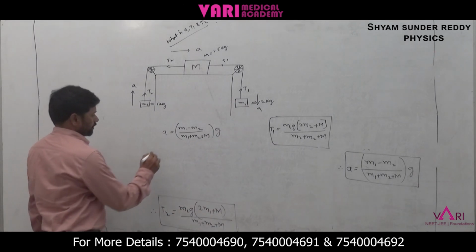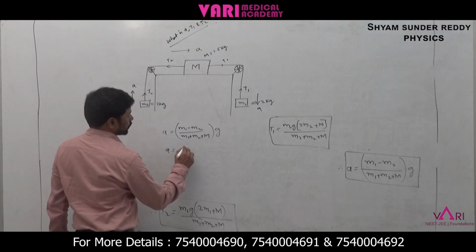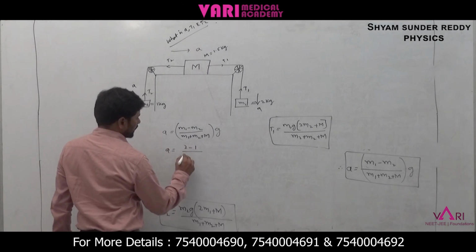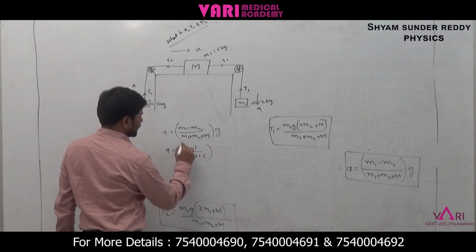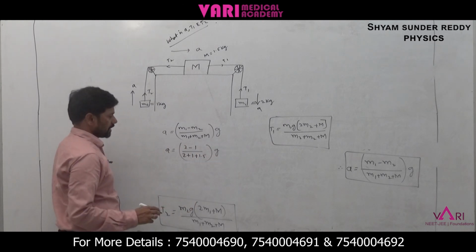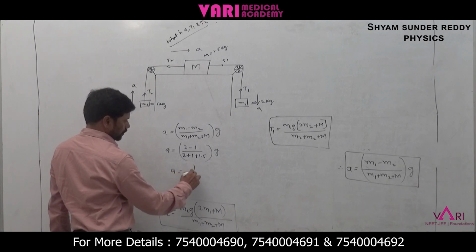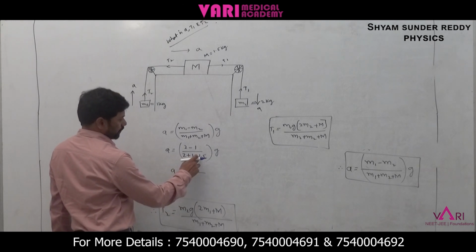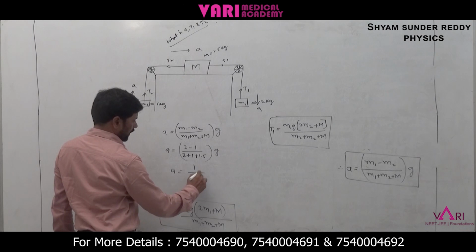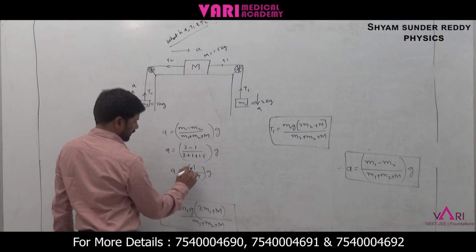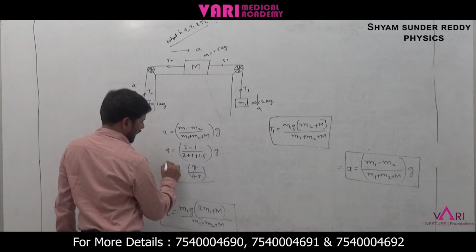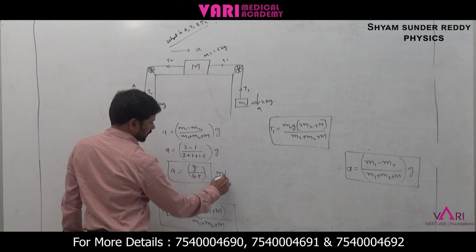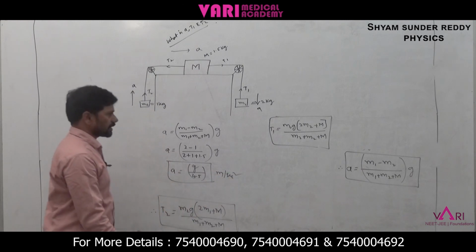A is equal to (2 minus 1) by (1 plus 2 plus 1.5) into G. This is A is equal to 1 by 4.5 G, otherwise G by 4.5. This is the acceleration. Units meter per second square.